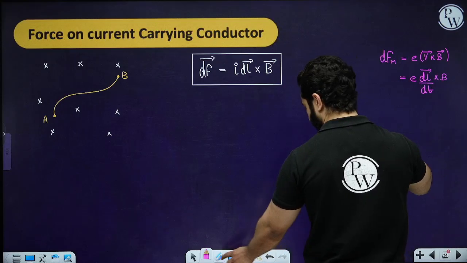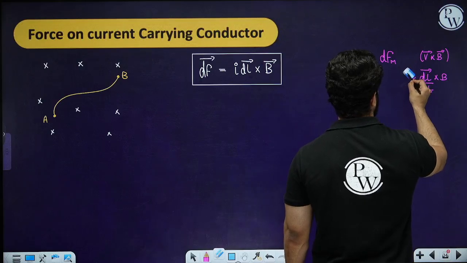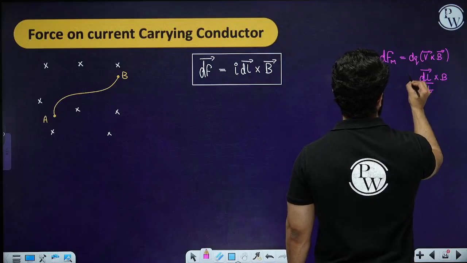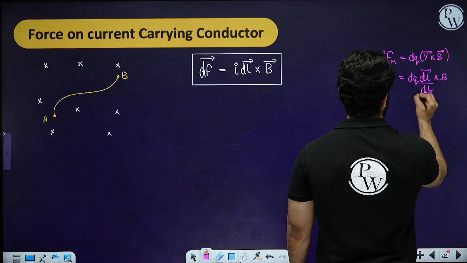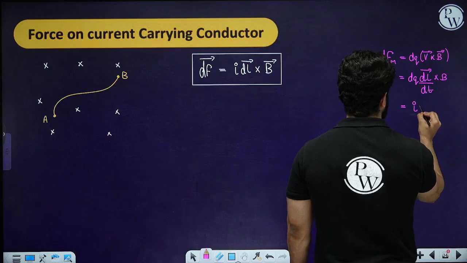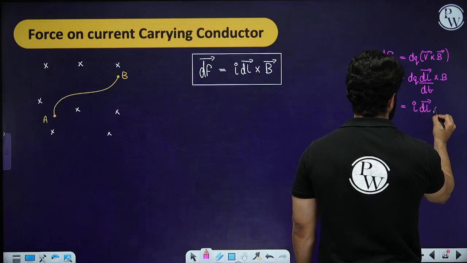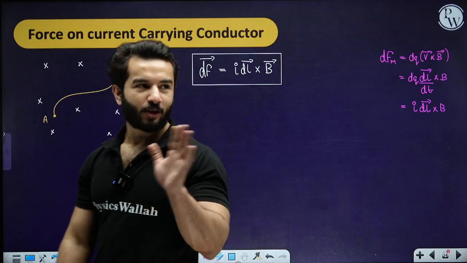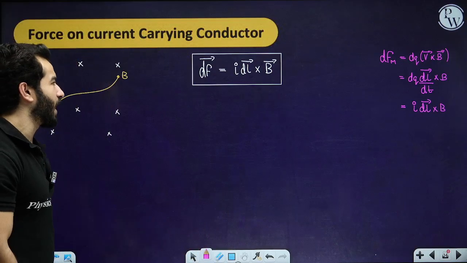Also, let's assume it not for an electron but for a small charge dq. So dq by dt can be written as I, giving I dl cross B. You are going to find some other derivations also, but we can get away with this formula, I dl cross B.